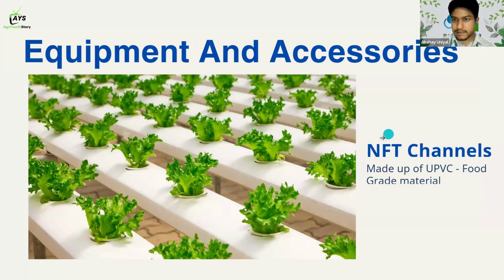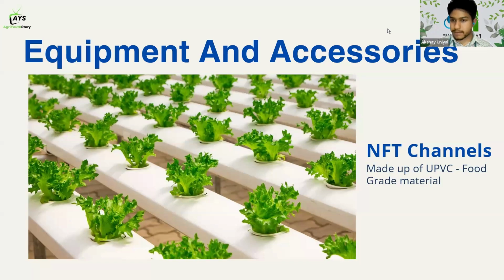These are NFT channels. These are made from food grade UPVC plastic. So UPVC is ultraviolet treated polyvinyl chloride. These are ultraviolet resistant. These are plastics that are actually very good in water. So if you have plastic pipes at home, you will realize that after some time they start degrading, and the plastic components will start mixing with water and create microplastic.